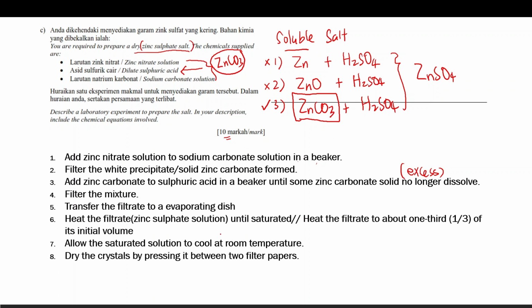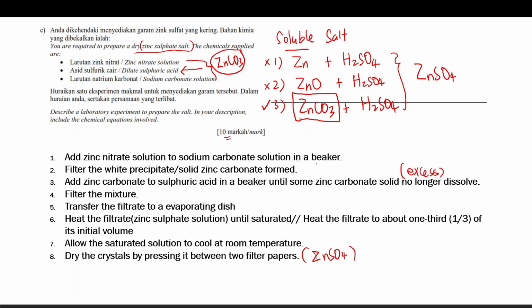Then we dry the crystals by pressing them between two filter papers. That is the zinc sulfate. These are the steps. A lot of students make the mistake of directly reacting zinc nitrate with sulfuric acid, which is wrong.